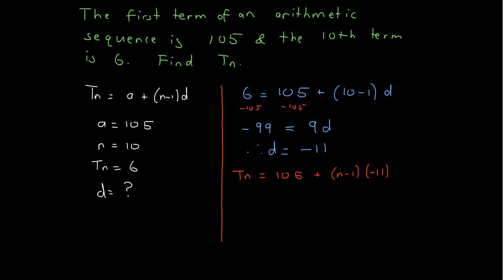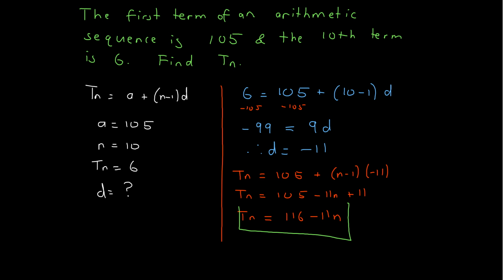And we can clean this up a little bit if we want to. t of n equals 105 minus 11n, plus 11 obviously, so t of n equals 116 minus 11n, and you can see what our formula is actually doing.